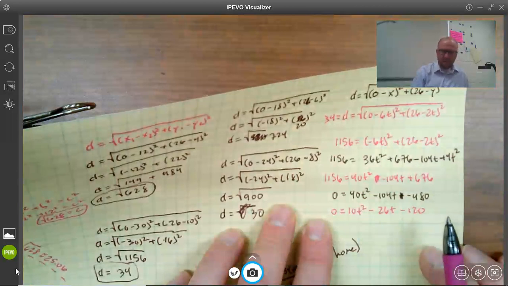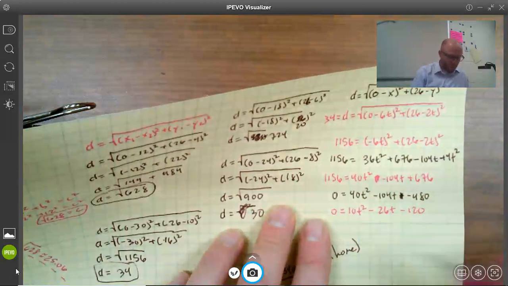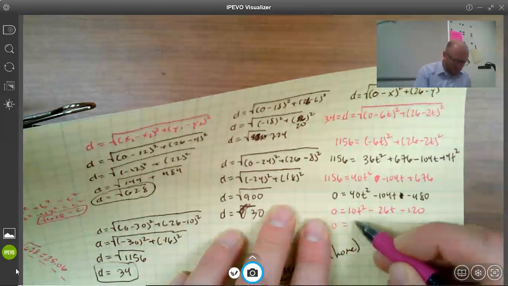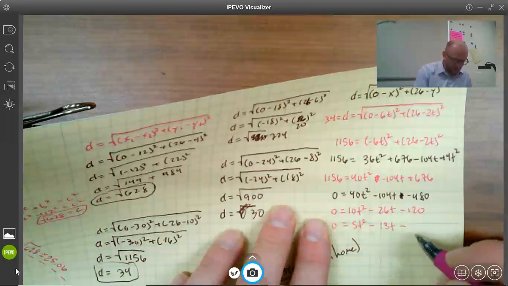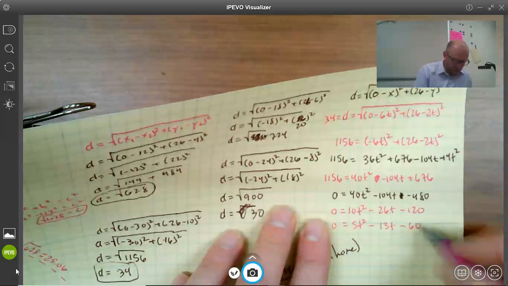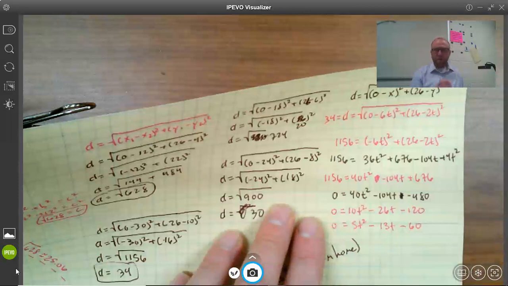Looks like I can still divide by 2. So that's 5t squared minus 13t minus 60. And at this point, I think I've divided everything out I can. I'm going to have to solve the equation.